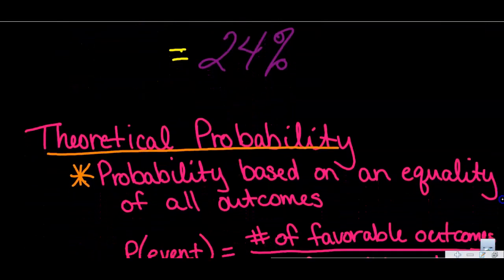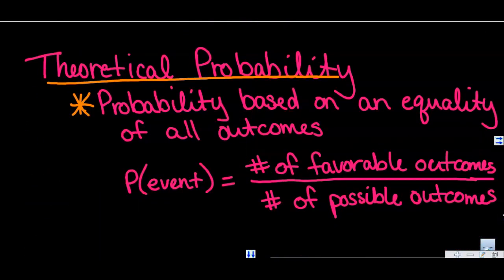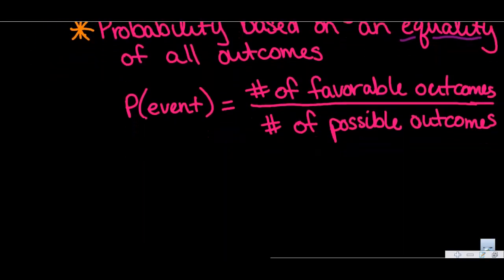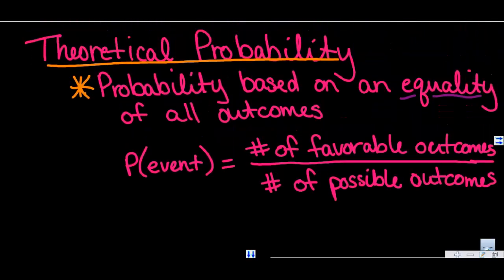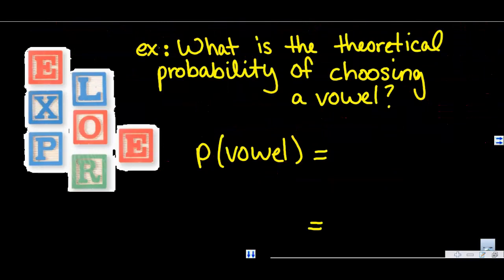Theoretical probability. Theoretical probability is probability based upon the equality of all outcomes. For the theoretical probability of any event, we take the number of favorable outcomes over the number of possible outcomes. Say we have some alphabet blocks.